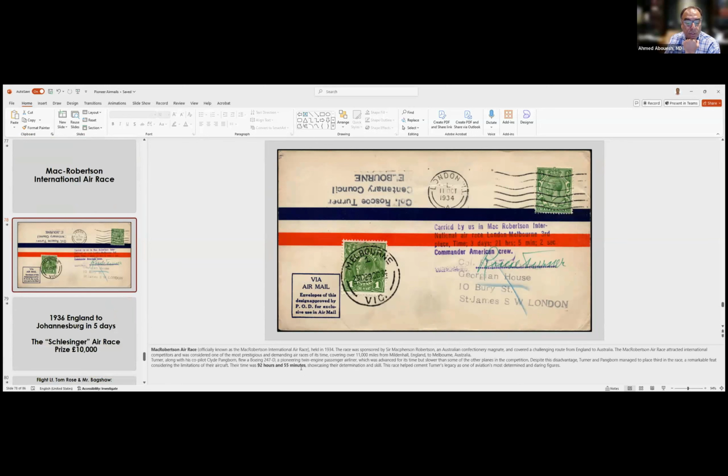This was covered in about 11,000 miles from England to Melbourne in about 92 hours, almost 93 hours. Roscoe Turner was an American pilot. They did not make it all the way, and one of their stops was Cairo.